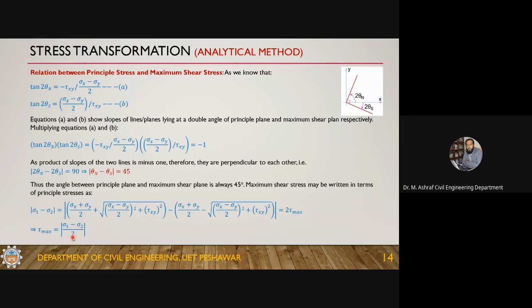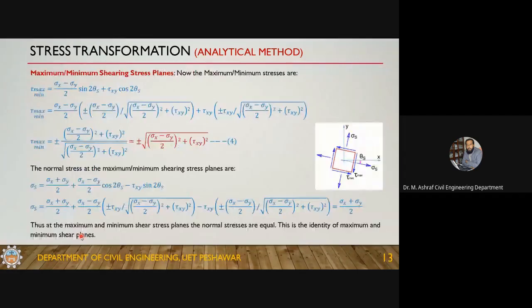Yani there is a relation between the stresses also. If the principal stresses are known to you, then you can easily calculate tau maximum using this expression. वैसे तो आपके पास tau maximum का expression, let me go to the previous slide, ये है.